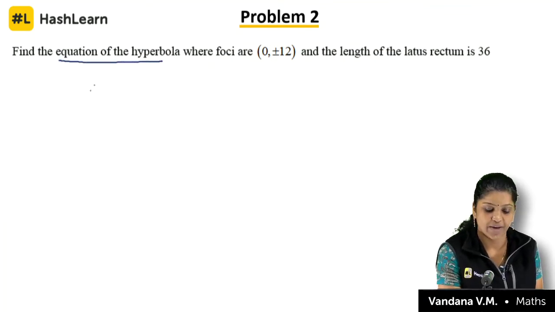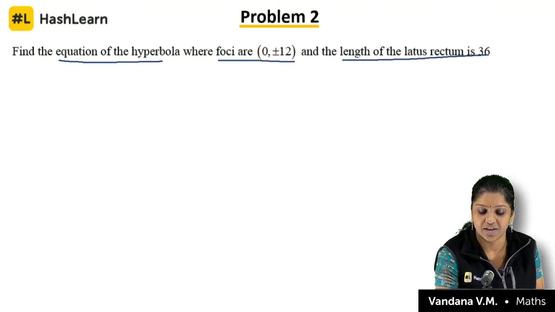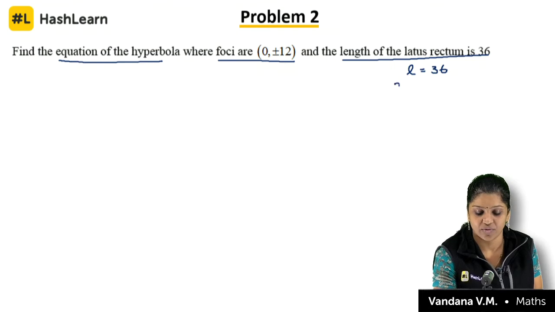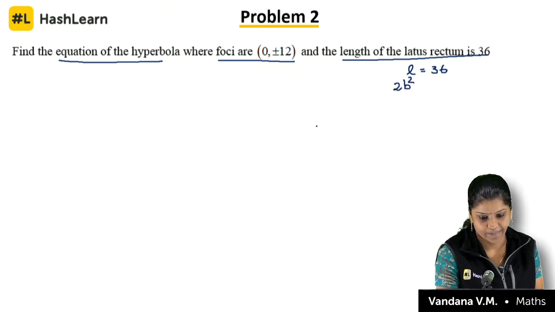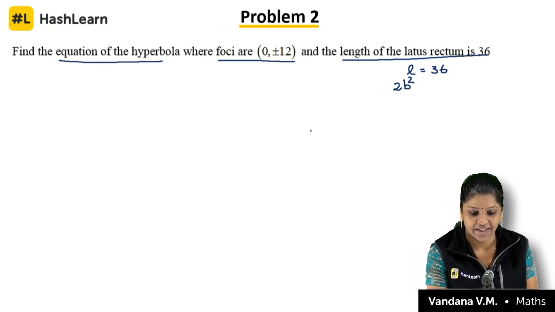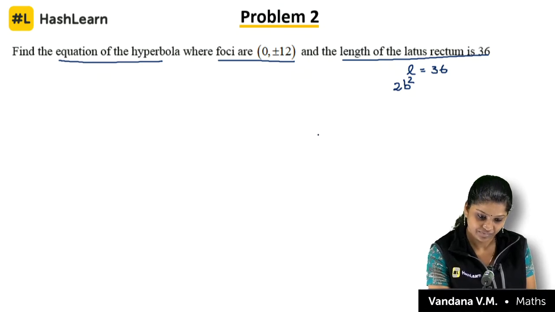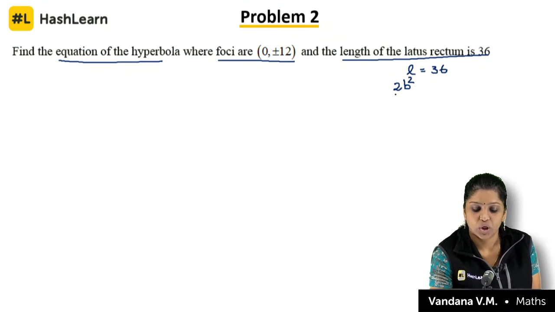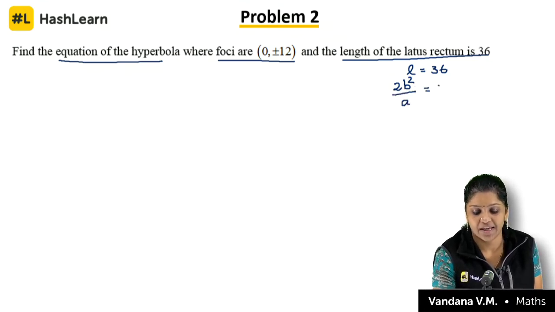Find the equation of a hyperbola. Foci is this and the length of the latus rectum is this. What is that? So, L value is given as 36. What is the L value? What is the formula? 2b square by a. Correct, Devi Priya, correct. Good. 2b square by a is equal to 36.